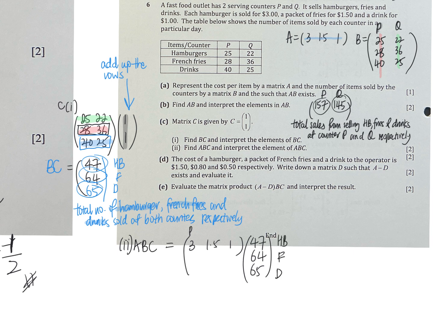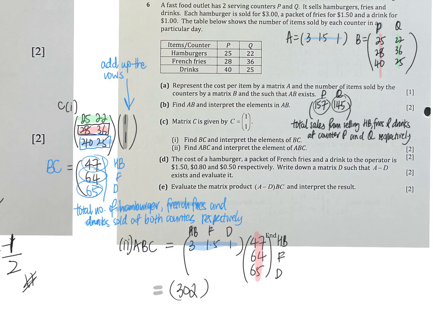This is the price of hamburger, French fries, and drinks. So when I multiply this row by this column, I actually end up with a single element matrix, which is 3 times 47 plus 1.5 times 64 and then 1 times 65. I end up having 302.